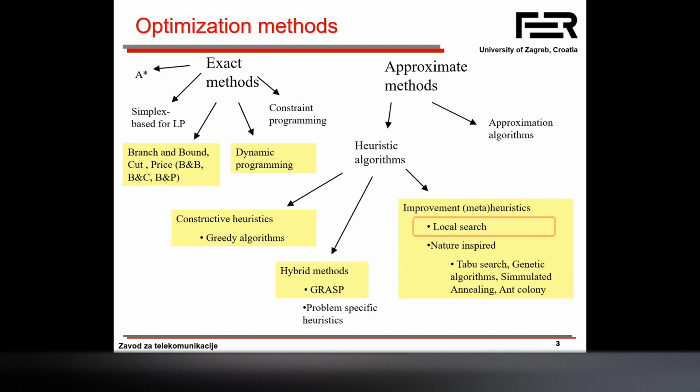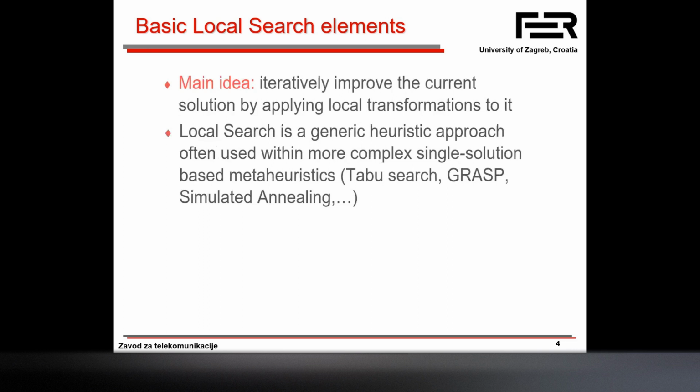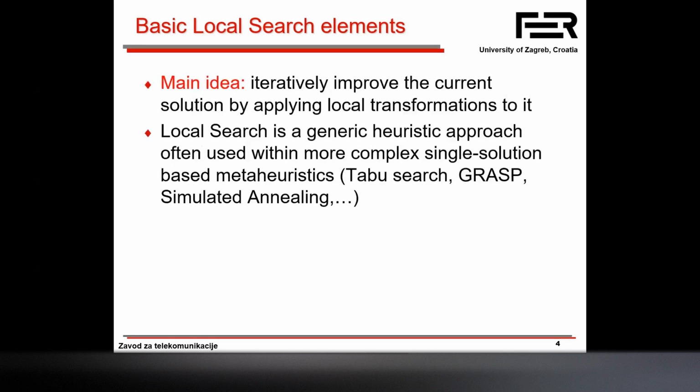Again, looking at our illustration of various categories of different optimization methods, local search fits into the category of improvement metaheuristics. So we have some kind of a solution which we're now iteratively trying to improve by applying some kind of local transformations to it. Once we obtain a locally optimal solution, we are done.